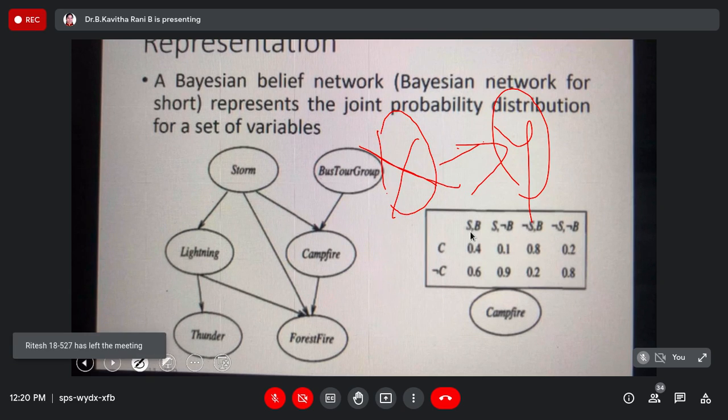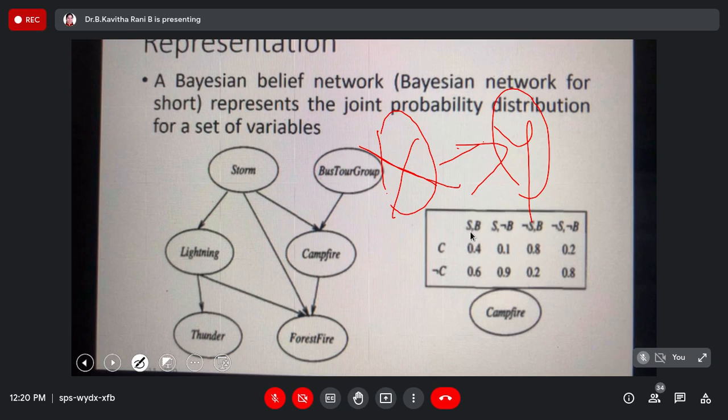For example, the probability of you coming into this world increased because your parents were already existing in this world.